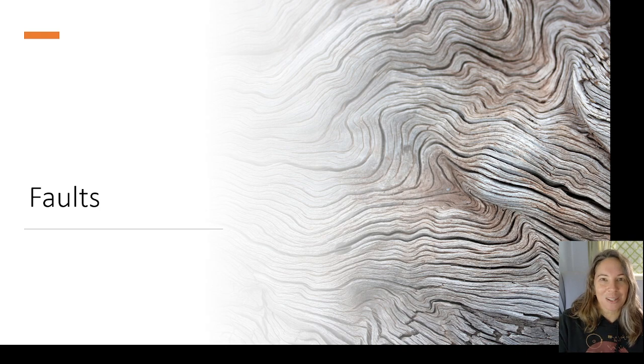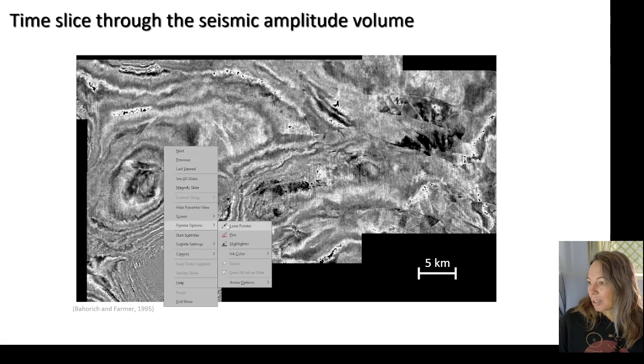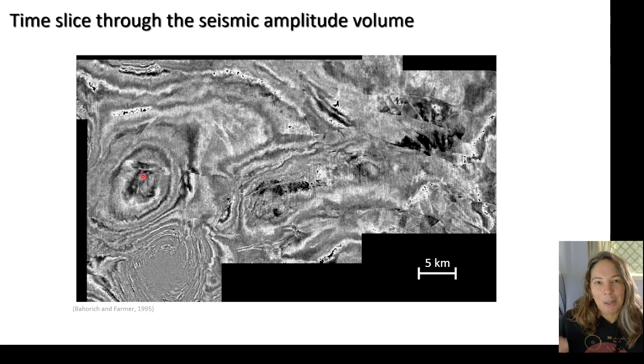Okay, so faults. Let's jump into faults now that I've explained coherence. Here's a seismic amplitude. This is a really classic example from 1995 and one of the first applications of coherence. We're looking at a time slice at 1200 milliseconds, 1.2 seconds. If we were to look at it, and let me pop on my pointer again, as an experienced interpreter I'd be able to pick out some interesting features here.